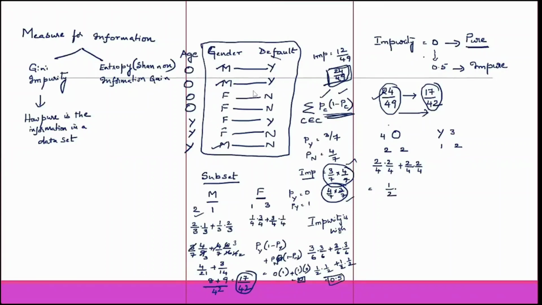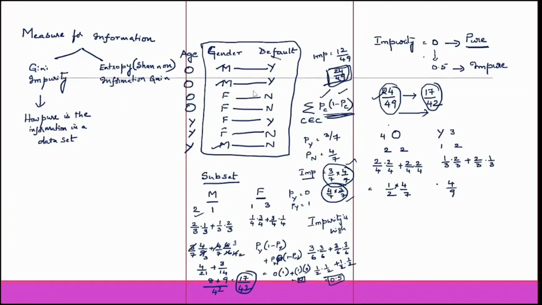So this is where the maximum is. Now here I can make it as 1 by 3 into 2 by 3 plus 2 by 3 into 1 by 3, making it 2 by 9 plus 2 by 9, 4 by 9. Now this one is multiplied by the weightage 4 by 7, since oldies are 4 by 7.